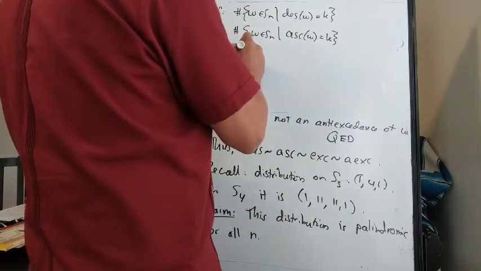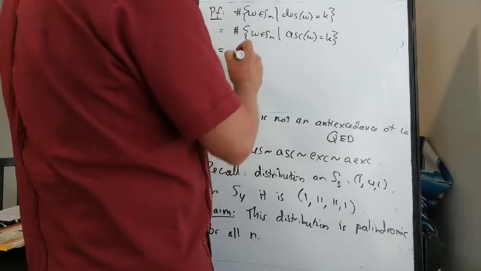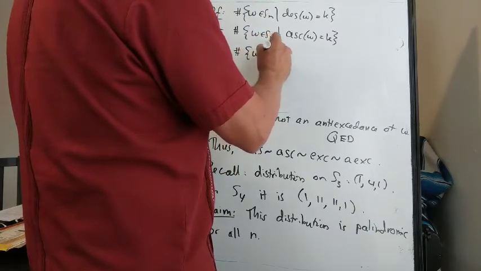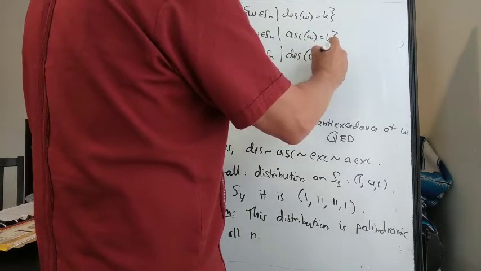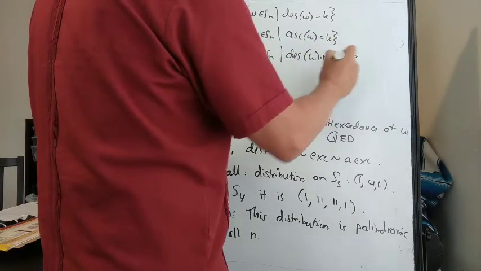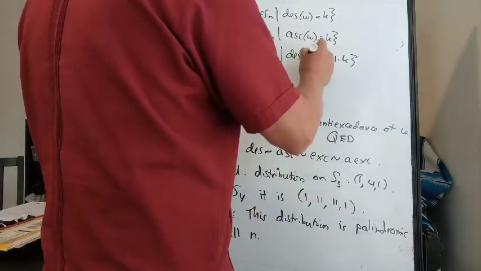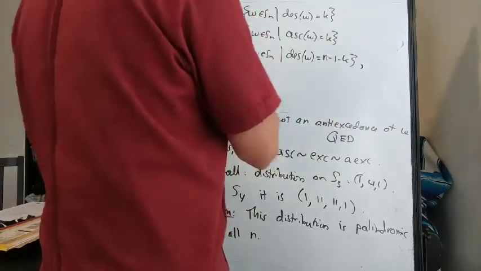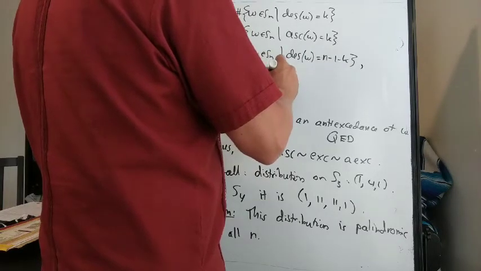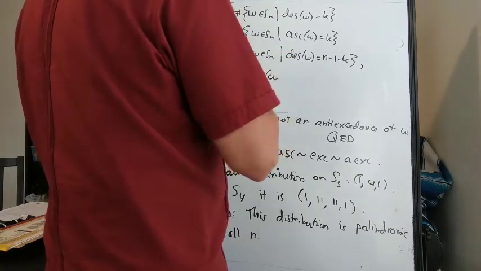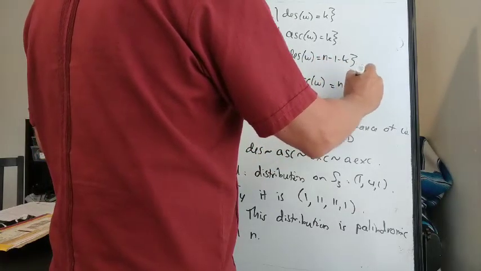Well, that equals the number of permutations that have n minus 1 minus k descents, since the number of descents in W plus the number of ascents in W equals n minus 1.